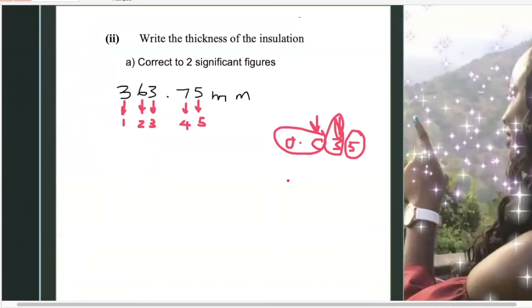But if we had 10.075, then this would be our first significant figure, or second, third, fourth, and fifth. So once we have zeros in between the number, it holds a value, but before the number, it doesn't hold a value.